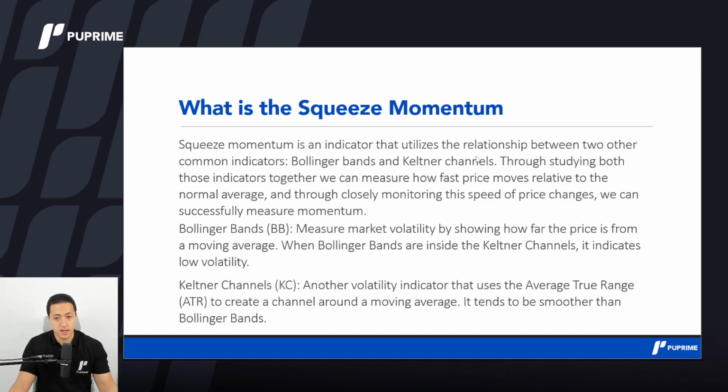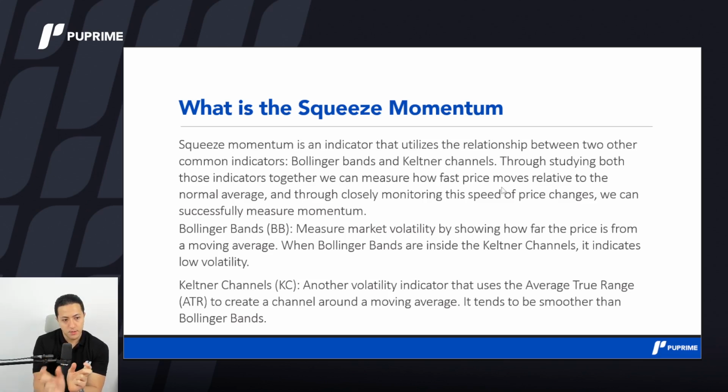Squeeze momentum is an indicator that utilizes the relationship between two other common indicators, Bollinger Bands and Keltner channels. Through studying both those indicators together, we can measure how fast price moves relative to the normal average. This is how he looked at those two indicators, and he said there are some conditions.